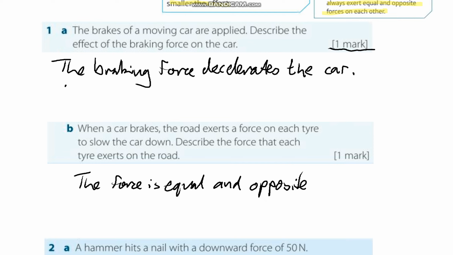What's it equal and opposite to? It's equal and opposite to the force that the road exerts on each tyre.